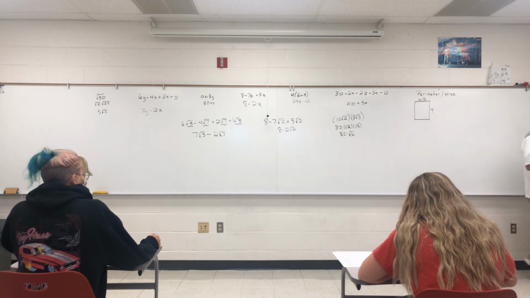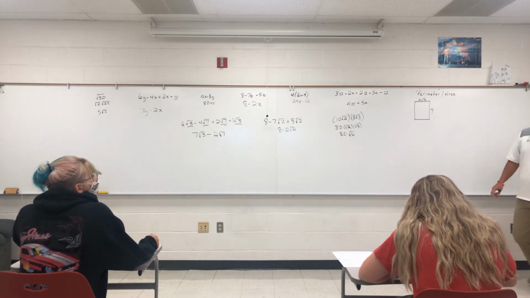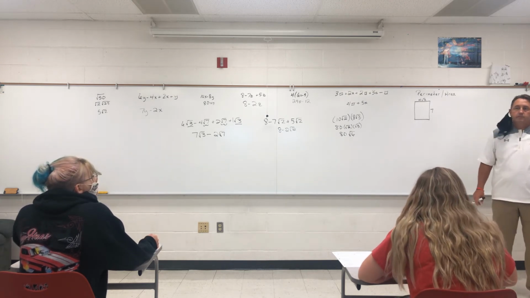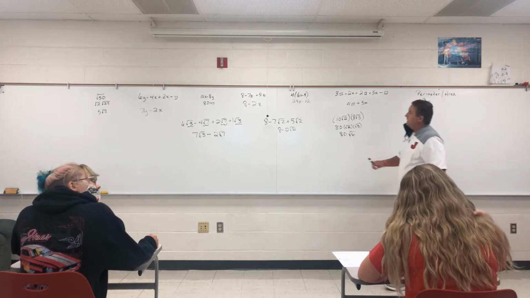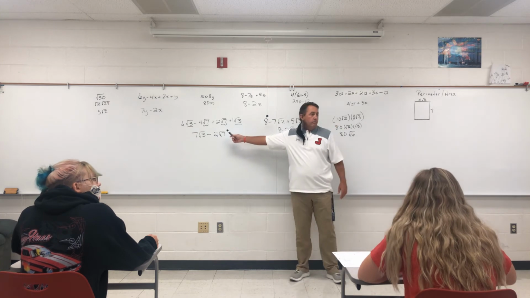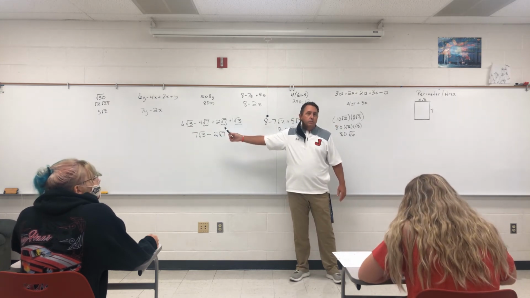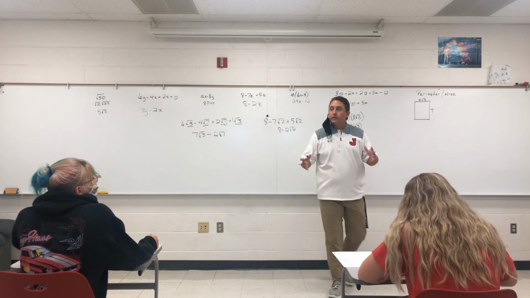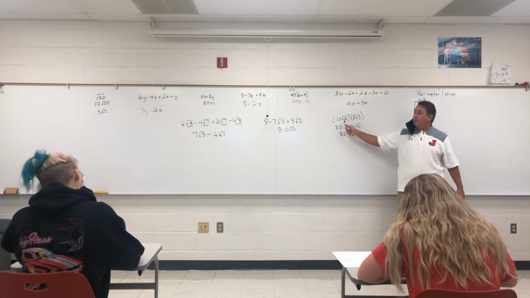Now, before we even work this one out, let me ask you a question. For perimeter, are we adding or are we multiplying? We're adding, right? So when we're adding, it is like this right here. You guys with me? Combining like terms. When we are doing area, we are multiplying, right? So when we multiply, it's like this right here.